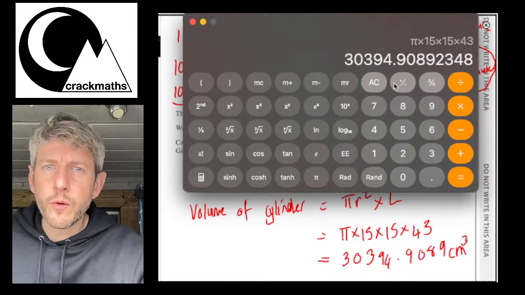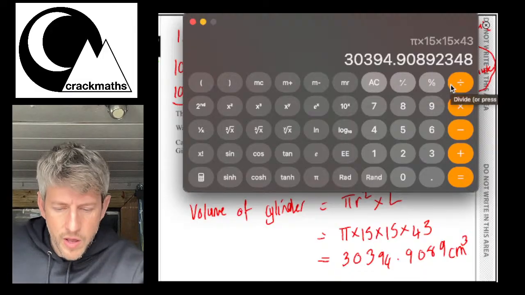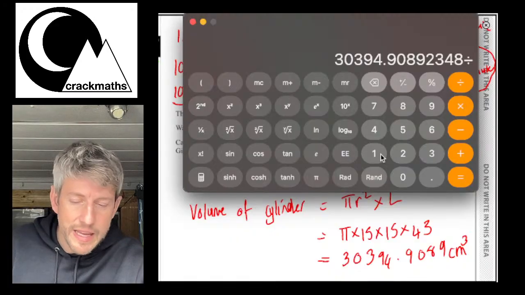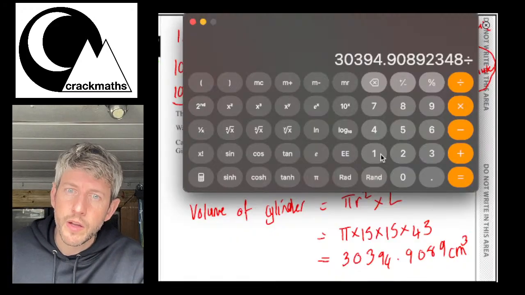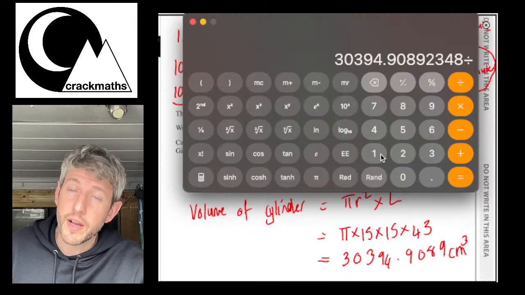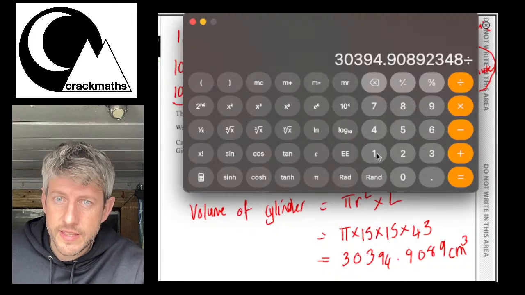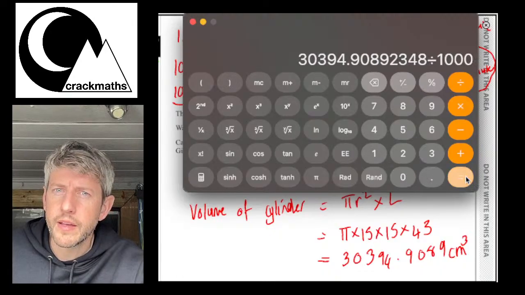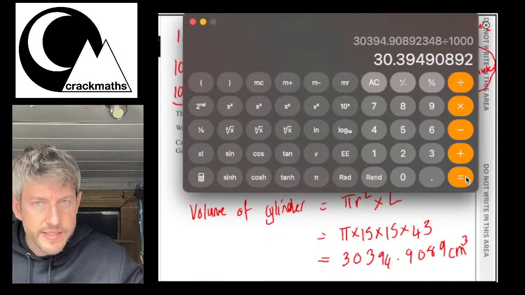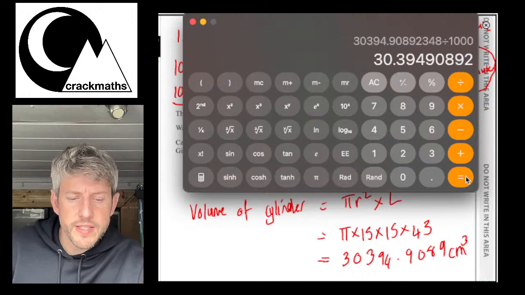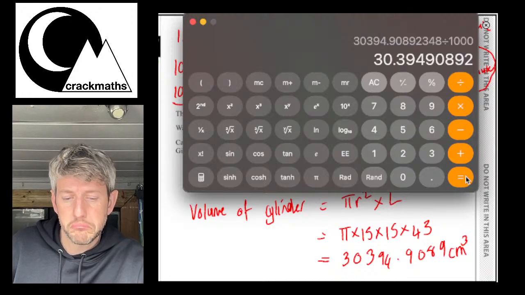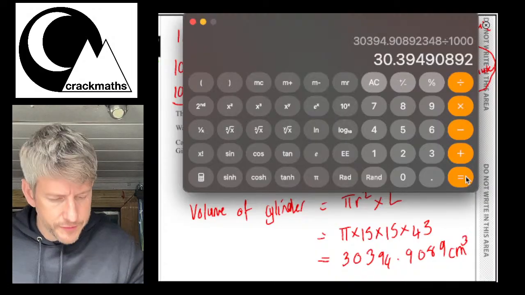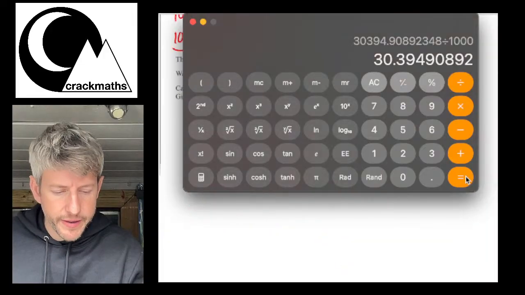In order to turn this into litres, I'm going to divide it by 1,000, because if 1,000 centimetres cubed is 1 litre, then I need to divide by 1,000 to get it into litres. So this cylinder is 30.39 litres.